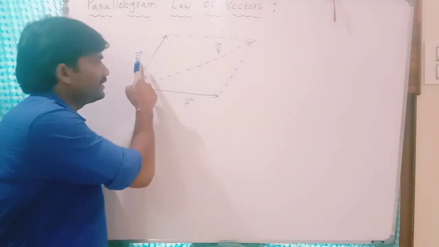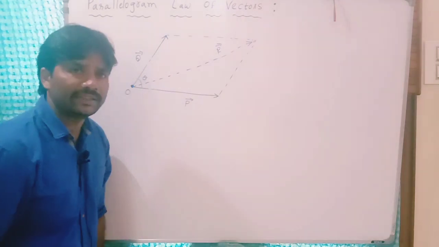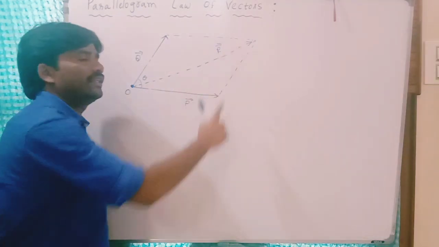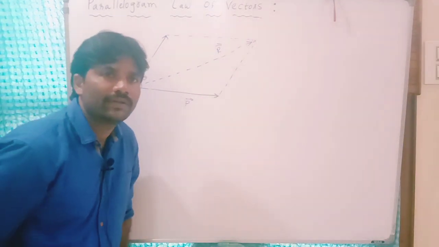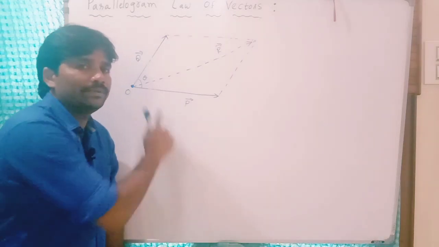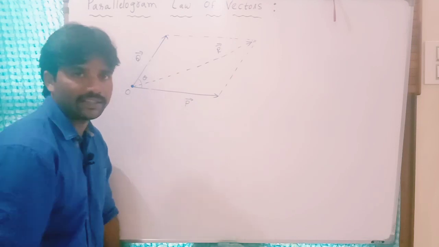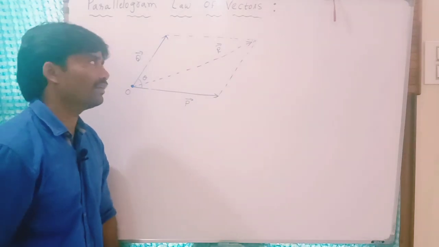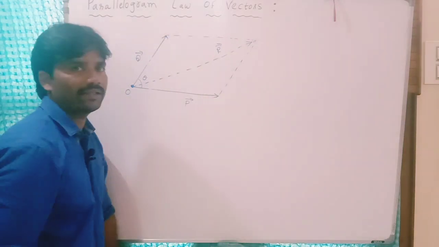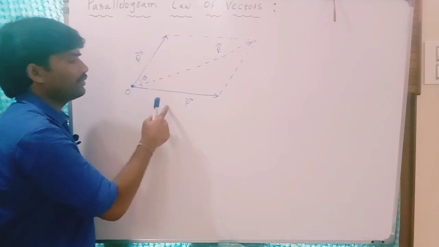If two adjacent sides of a parallelogram represent the magnitude and direction of two vectors, then its diagonal gives the magnitude and direction of the resultant. If two sides are two vectors, then the diagonal is their resultant. You can see this is the bigger diagonal, this is the smaller diagonal. The bigger diagonal gives the resultant of these two vectors.